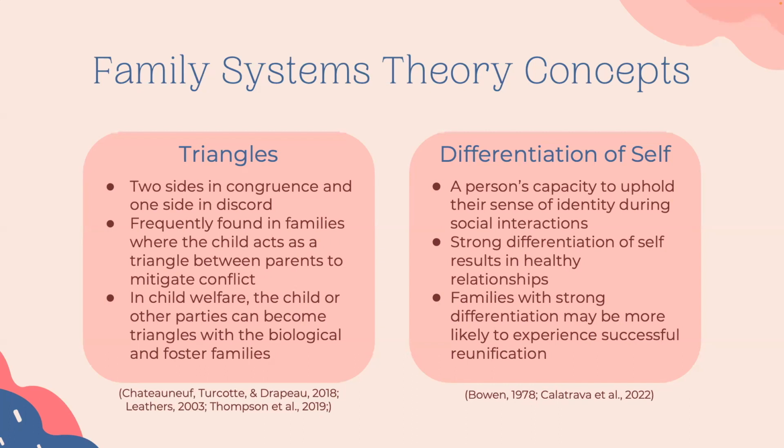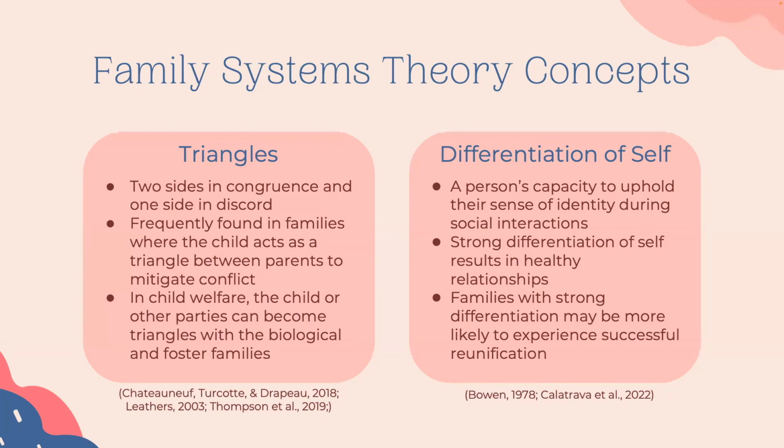The concept of differentiation of self, on the other hand, refers to a person's capacity to uphold their sense of identity during social interactions. And this concept can provide insight on a family's ability to maintain their child in the home environment after reunification. Dr. Bowen suggested that people who have strong differentiation can cultivate healthy, sustaining relationships that strike a balance between the demands of independence and intimacy.